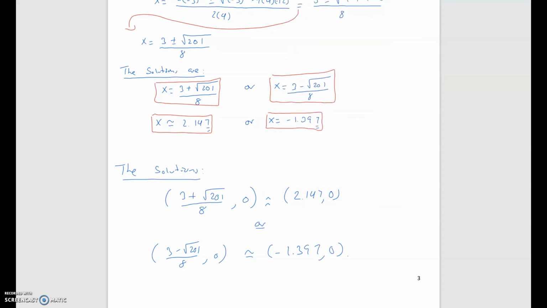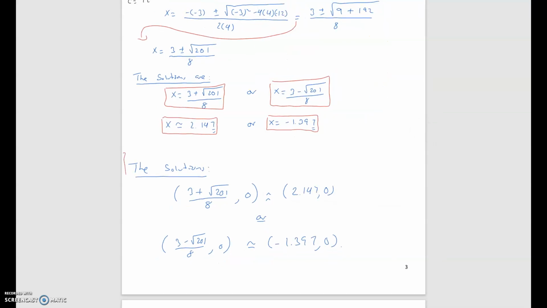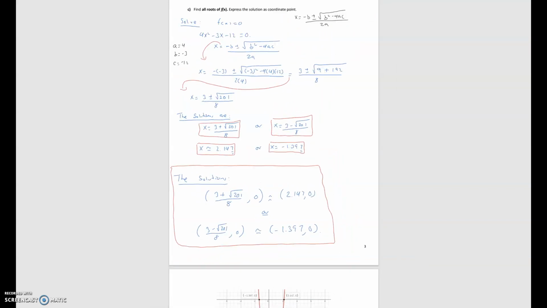Same idea as before. We technically want to express them as exact values and then decimal approximations.